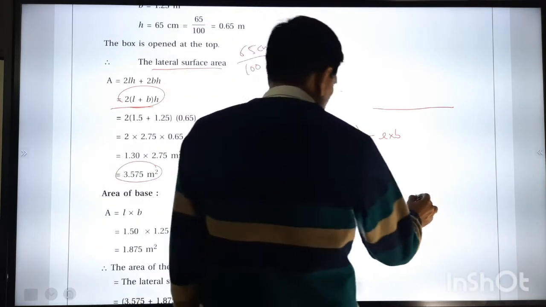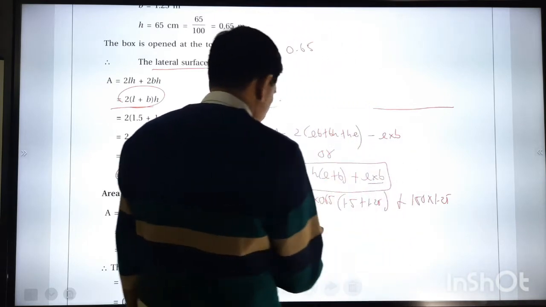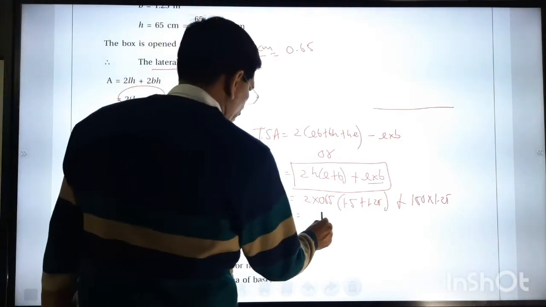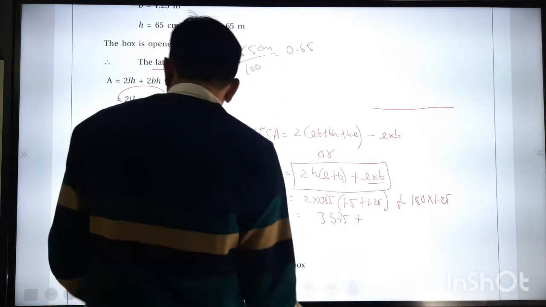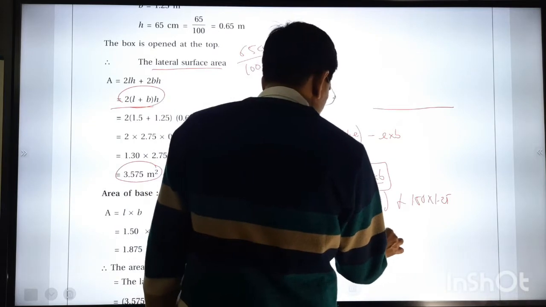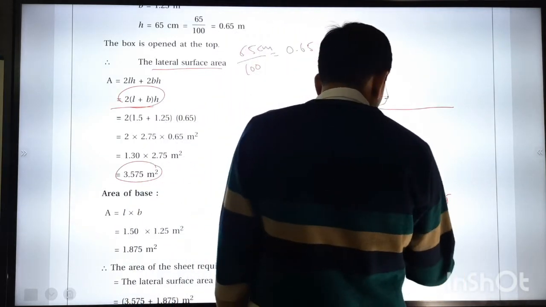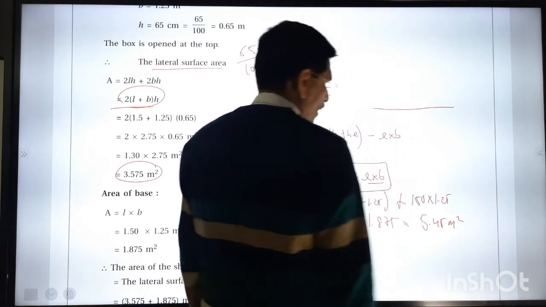And L into B, that is 1.5 plus 1.25, is length into breadth, that is area, again 1.5 multiplied by 1.25. If I do it, we get 3.575 plus 1.875, and if we add this, we get 5.45 meter square.